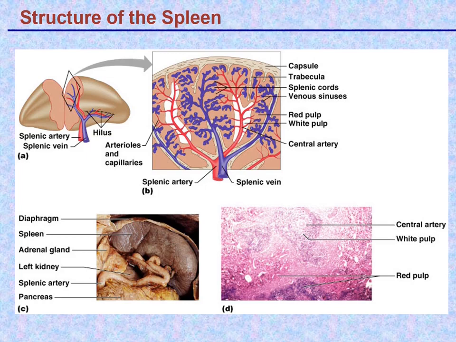And around the arteries that go through, you have a cylinder of white blood cells, a lymphocyte-rich area. You have many central arteries in the spleen, okay? And each is surrounded by a column of white blood cells.